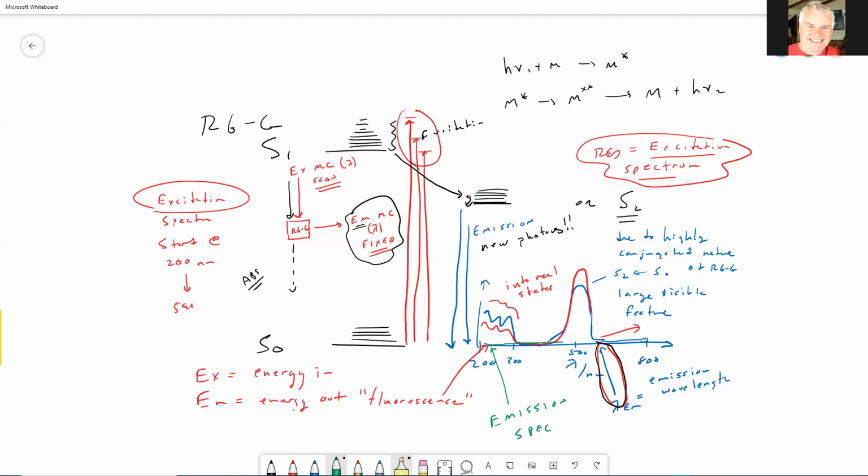And it's not even going to have anything here until we get up to about this range. And then it's going to look like the mirror image. It basically has a steep side and a sloping side.